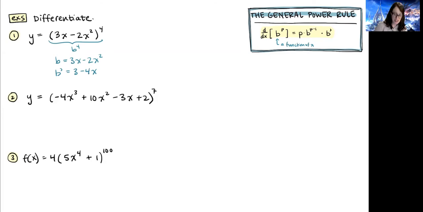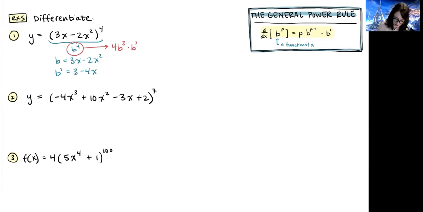So here's how I would think about this. The way you would differentiate b to the 4th, well, you bring the 4 down and multiply, and subtract 1 from the power. But then because b actually represents something more than x, we have to multiply this by the derivative of b, the inside.